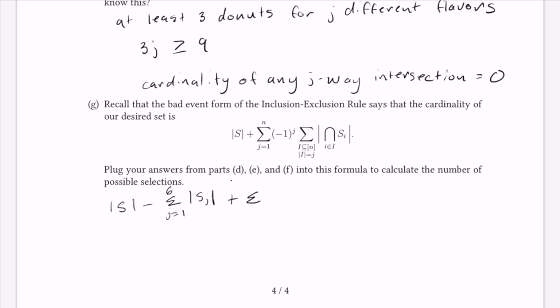And so this is as if we pick 2 different flavors, and then we have the intersection between those 2 different flavors being both bad. And then we don't have to add any more terms because any 3-way intersections, 4-way intersections don't happen, as we showed from above.